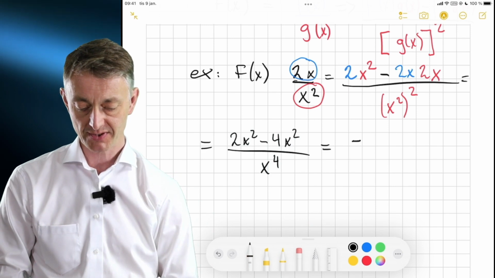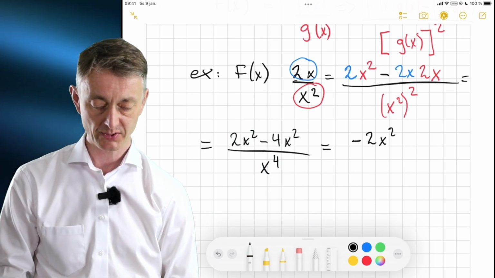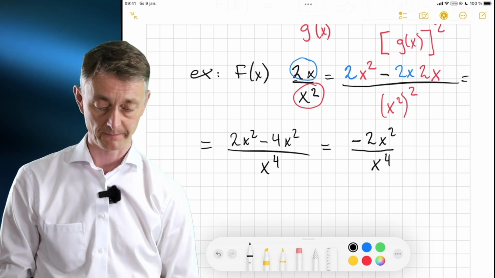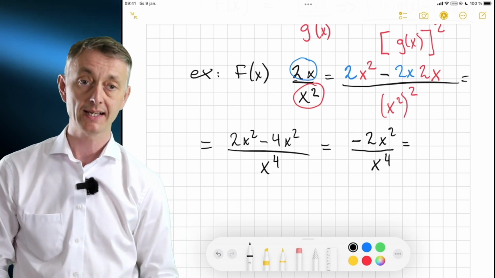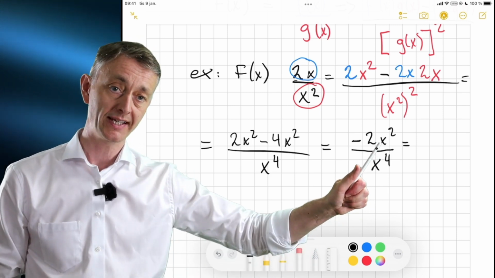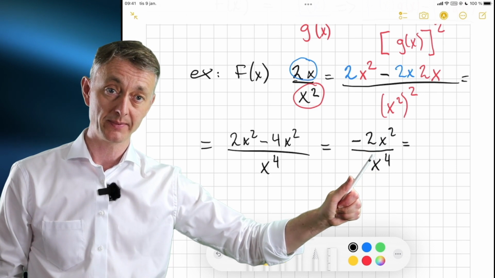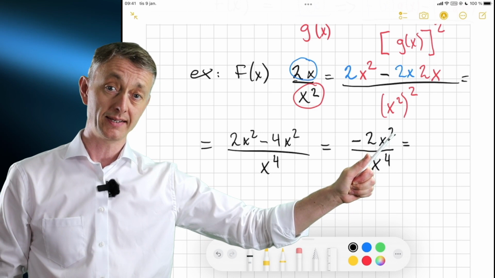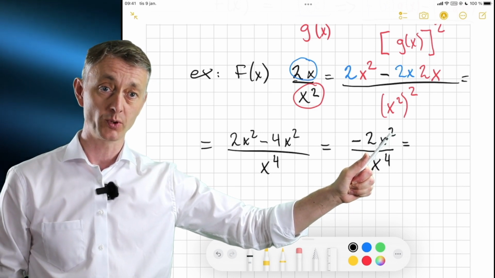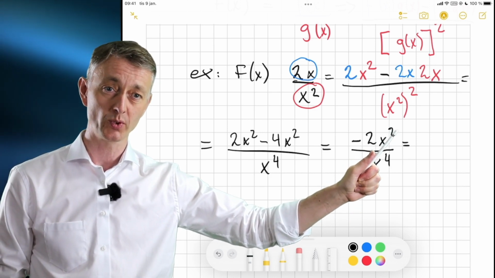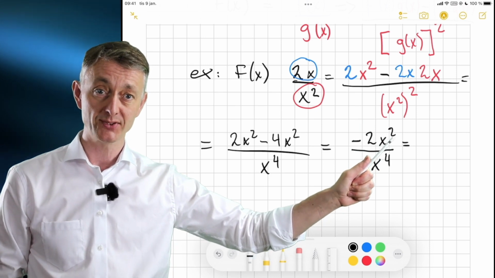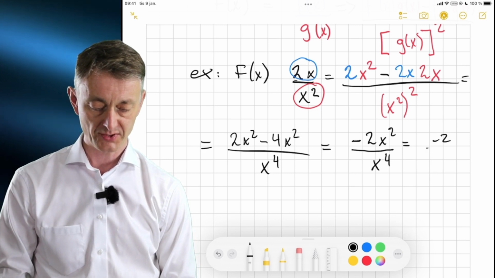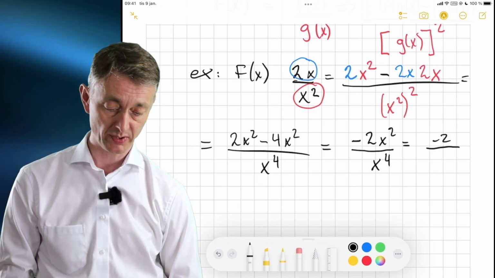So then we end up with minus 2x squared divided by x to the power of 4. And as we see here, we have x to the power of 2. X is the same base as x here, so we can simply deduct 4 from the exponent. X to the power of 2 minus 4 is x to the power of minus 2, and that is the same thing as writing minus 2 over x squared, where in the denominator we have x squared.